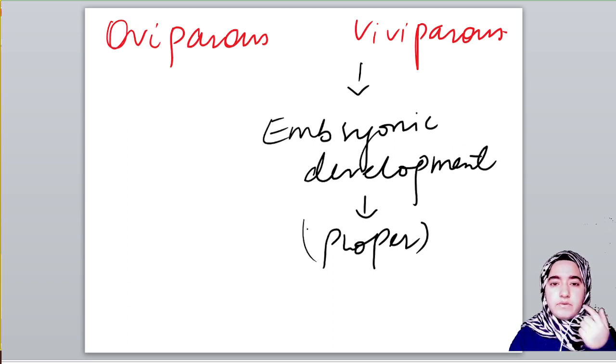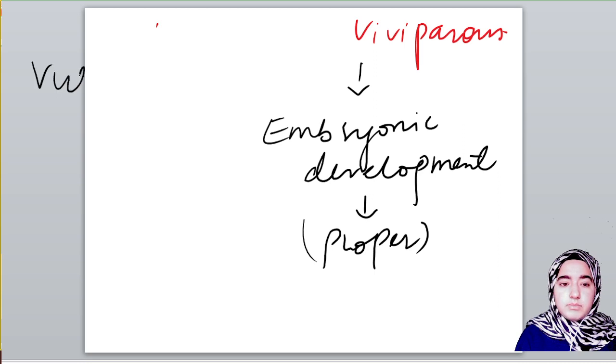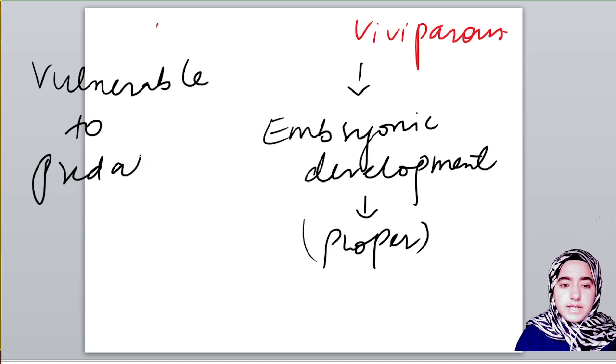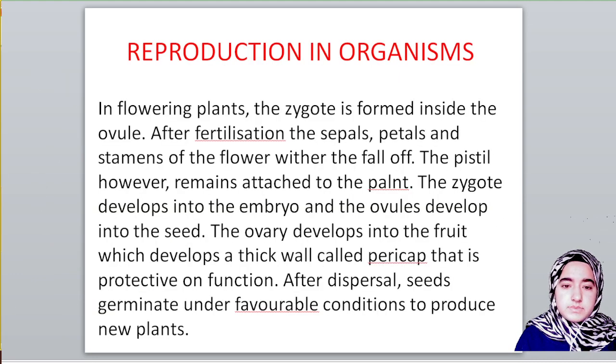In viviparous you will see proper embryonic development, but in organisms with external fertilization, they are mostly vulnerable to predators. Okay, this happens in external fertilization. Great, I hope this concept is clear.